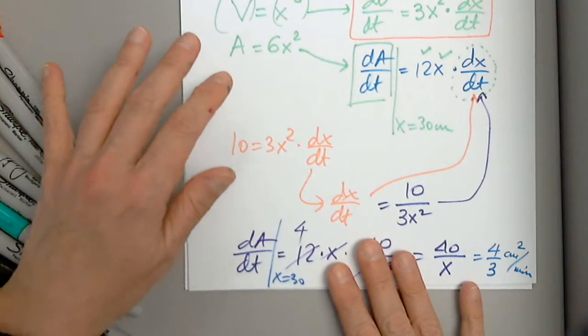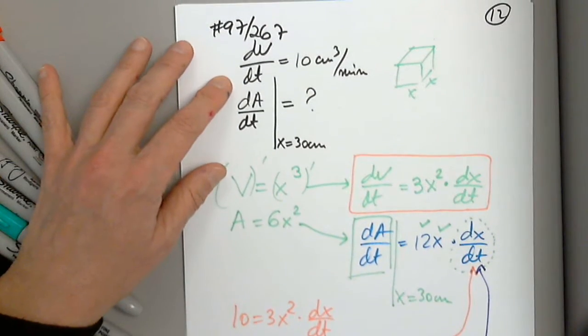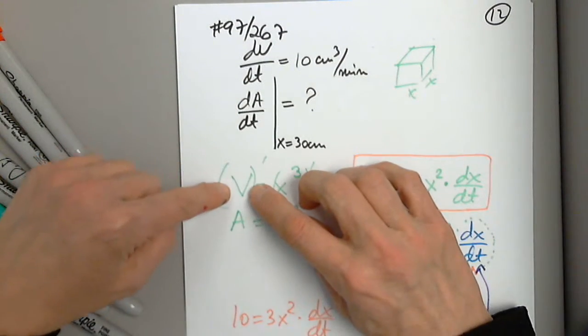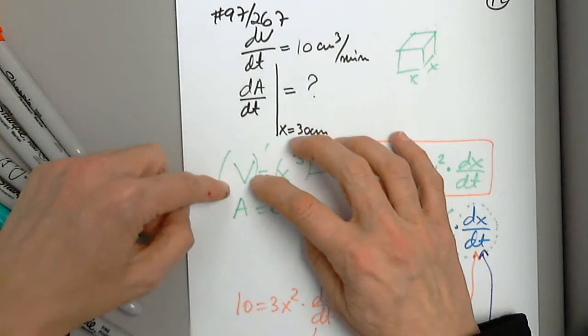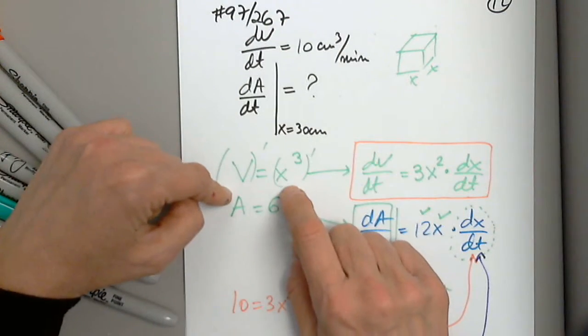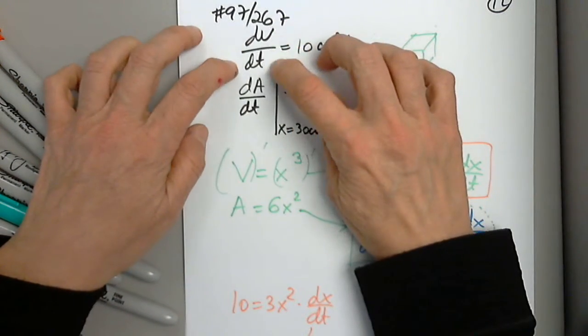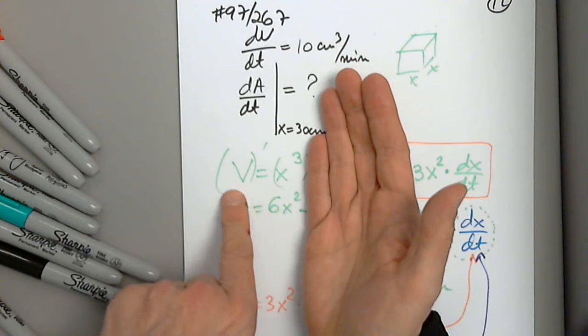Why did we differentiate V and A, the volume and area equation? Because I don't have anything about the volume. What I know is the rate of change. So volume would not help me. So that's why I wrote the volume formula, and then I differentiate because I needed to use dV over dt. Here I cannot use dV over dt.